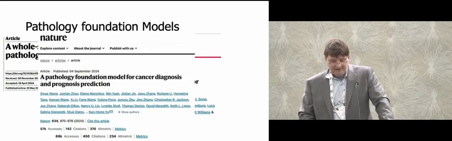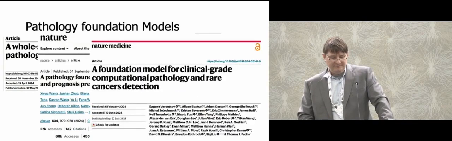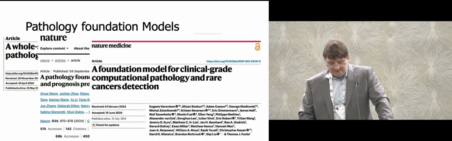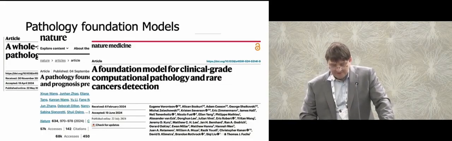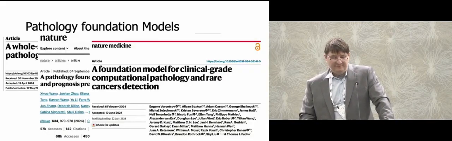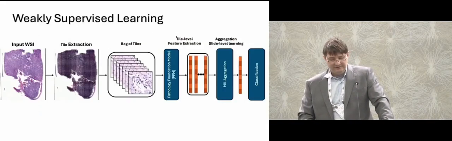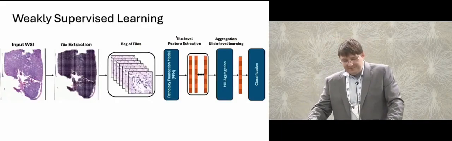This is CHIEF, which is another Harvard group published in Nature. We also have the Paige AI publication, which Chris was involved with. Chris is here. This is the Virchow and Virchow 2 models. And there are many others, but just to name a few.